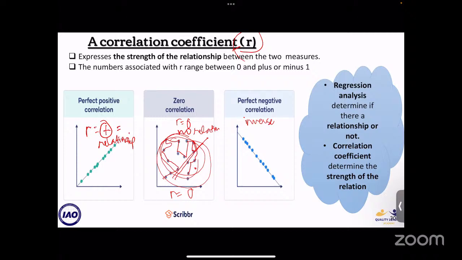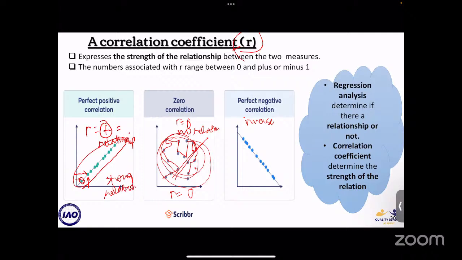Whenever the first variable increases, the other one also increases. So the curve will look like this. This means the correlation is positive, meaning there is a strong relationship.